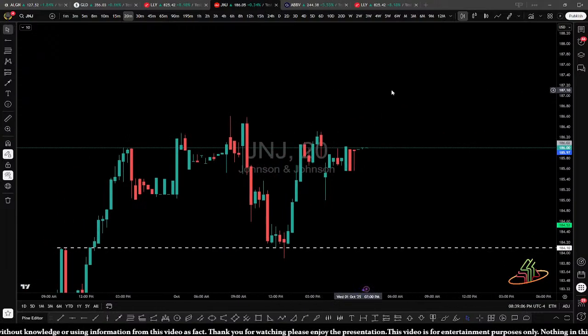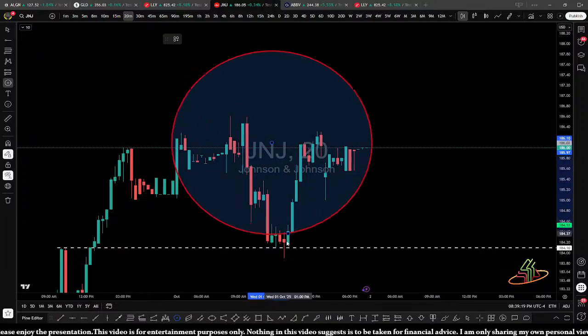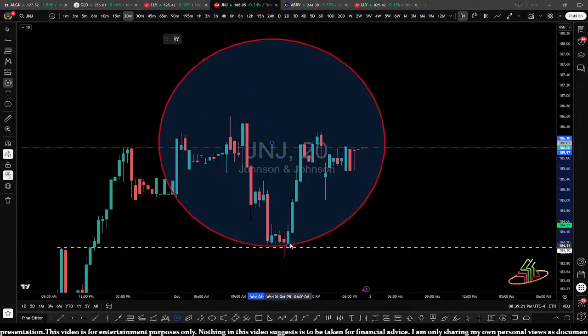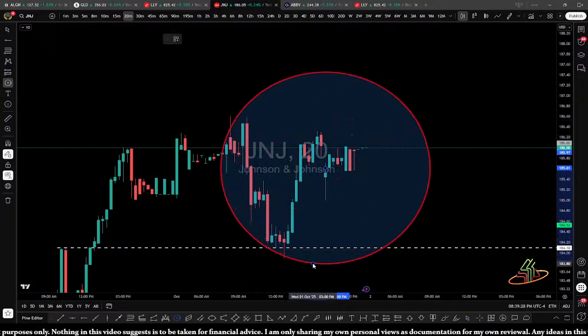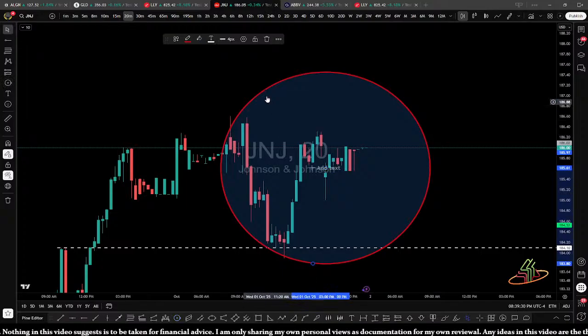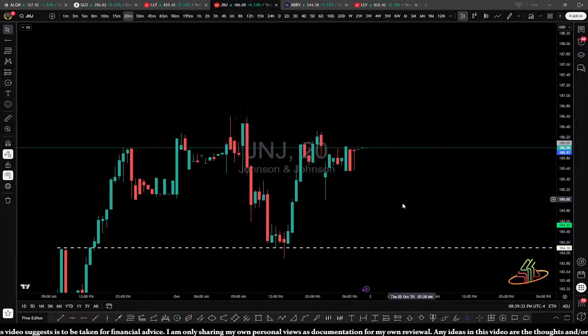Now, again, you want to start noticing things as price is moving along that could be possibilities in here, right? Possibly you could have an inverse head and shoulders building right here, right? You possibly could even have a cup and handle building right here, right? So now this is all perspective.